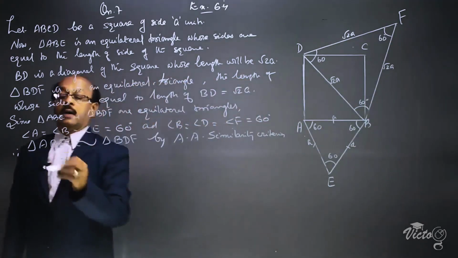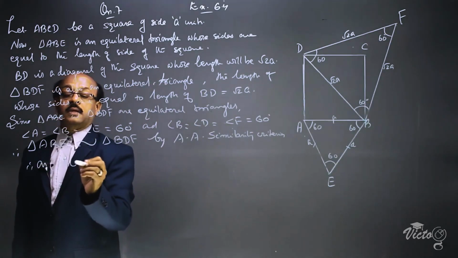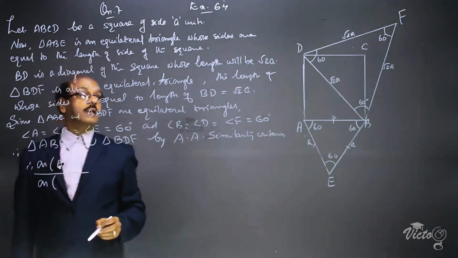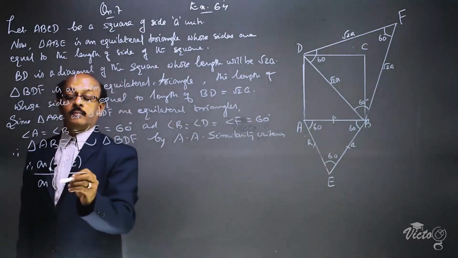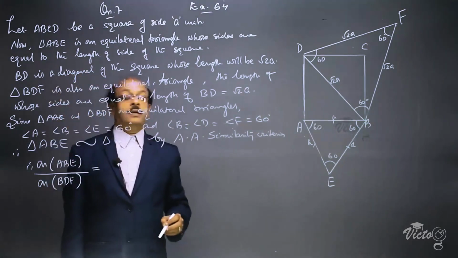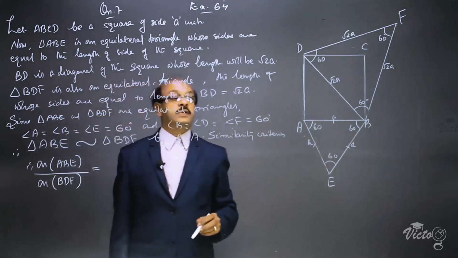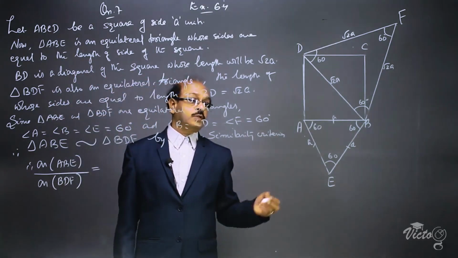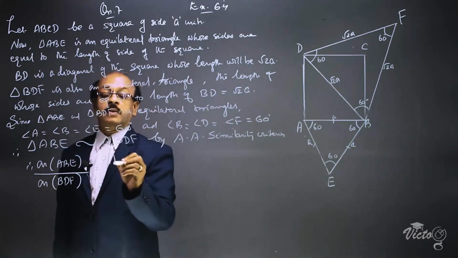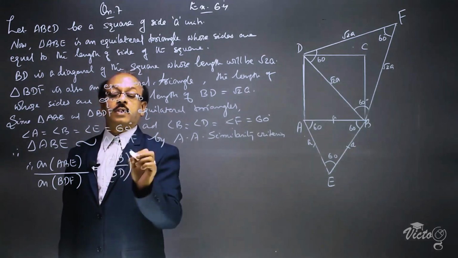Therefore, area of triangle ABE divided by area of triangle BDF is equal to the ratio of the corresponding sides, AB divided by BD, the whole square.